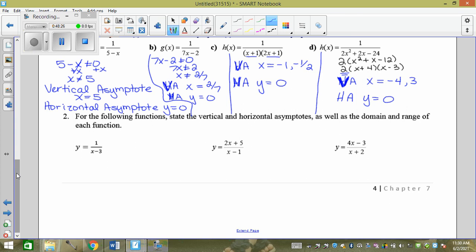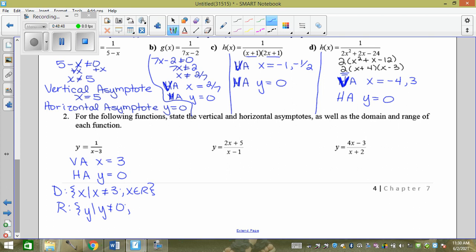This one, vertical, horizontal, domain, and range. So this one would have a vertical asymptote at x equals 3, a horizontal asymptote at y equals 0. My domain would be x such that x cannot equal 3, x is an element of the reals. My range would be y such that y cannot equal 0, y is an element of the reals.